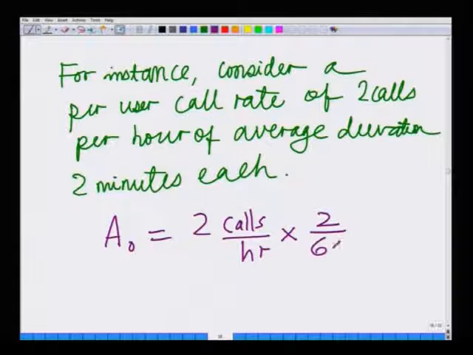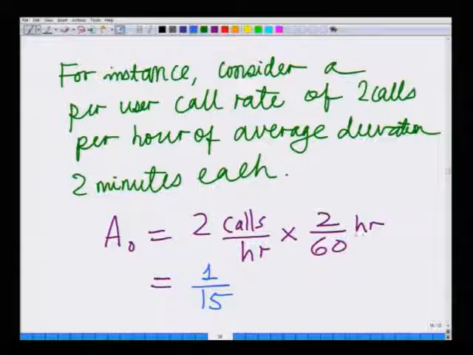I have to convert that into hours, which is 2 by 60 hours, which is 1 over 15. Now, this is hour per call, hence the units cancel out and the traffic is actually a dimensionless quantity.